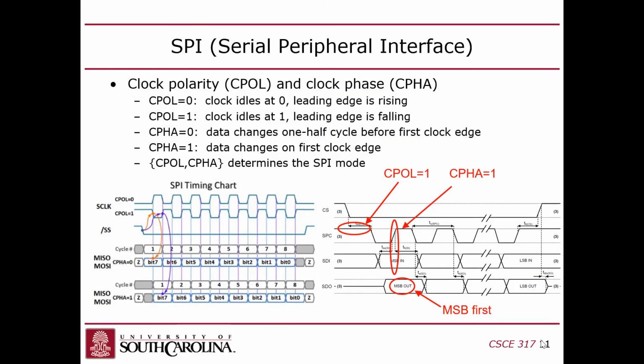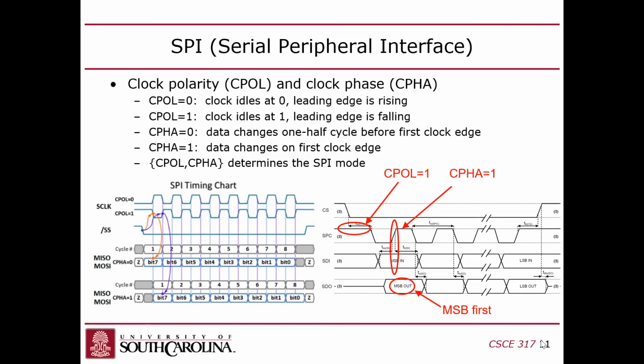So which one are we using? Well, if you look at the sheet, it doesn't actually show, but it does show T setup and T hold. Setup and hold is something that I cover in 611. You probably should have talked about this in 211, but you might not have.